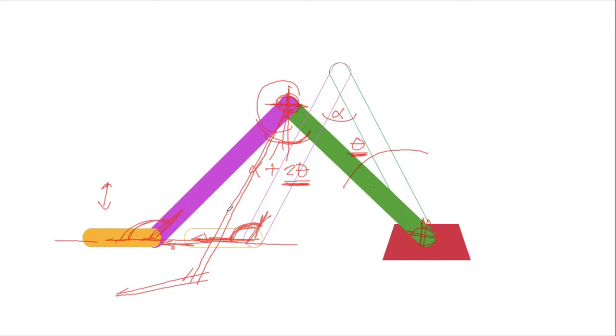So lumaki na siya. And how much does that grow? So if the original angle is, let's say, beta, then this one is beta plus theta. So kung hindi mo siya lagyan yan, this arm will not be level. It will be like this way.